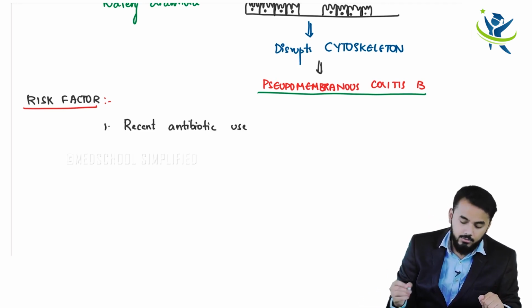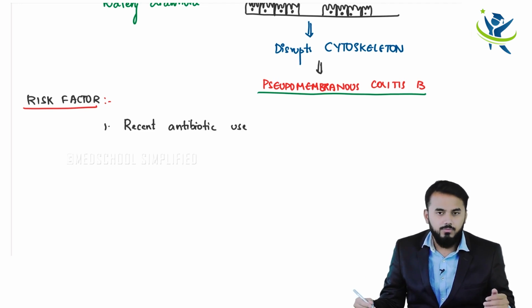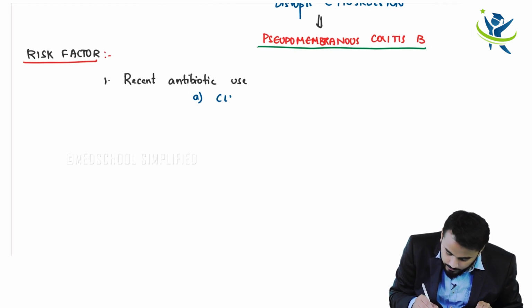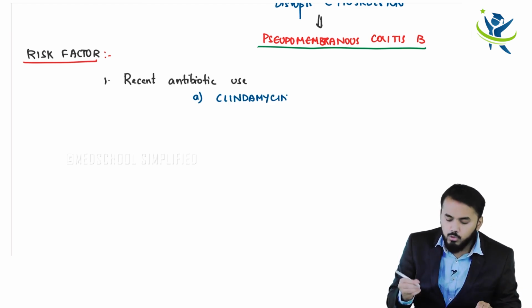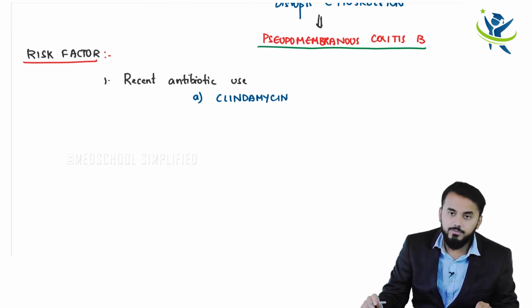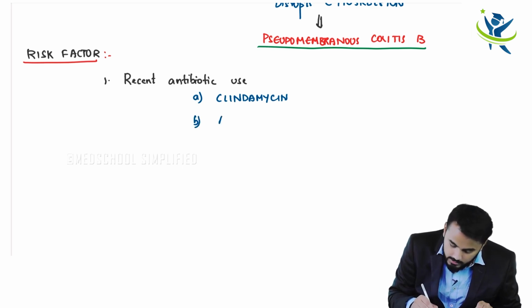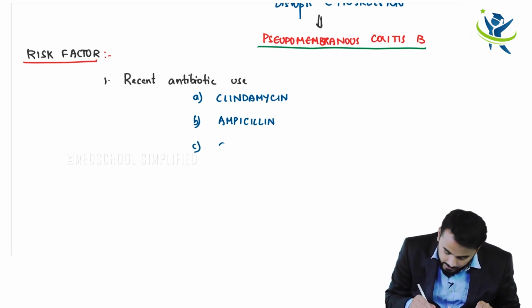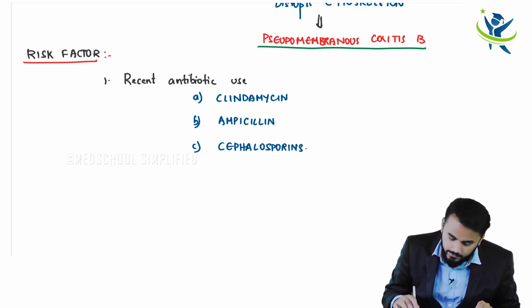So recent antibiotic use. If you ask me what are a few antibiotics the patient used: one is clindamycin. The most common cause of Clostridium difficile or Pseudomembranous Colitis is clindamycin. The second one is ampicillin. The third is cephalosporins.